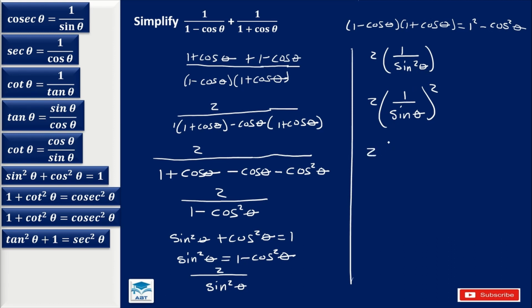So we have 2 here, and 1 divided by sine theta is cosec theta squared. So the answer is 2 cosec square theta.